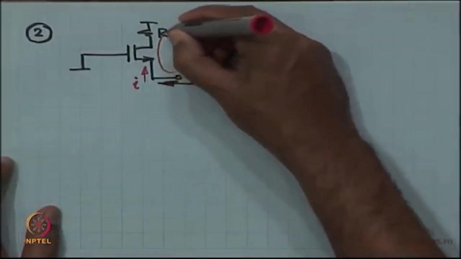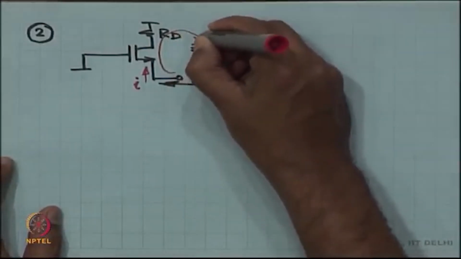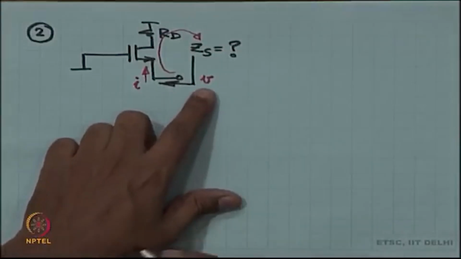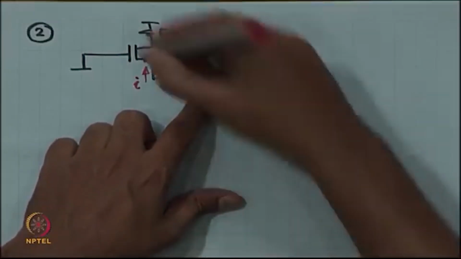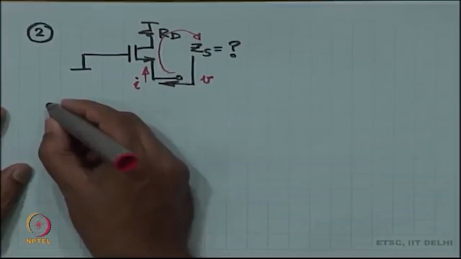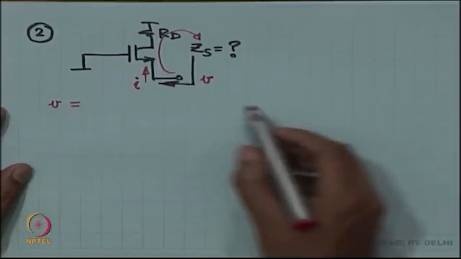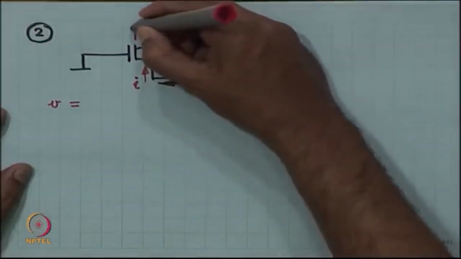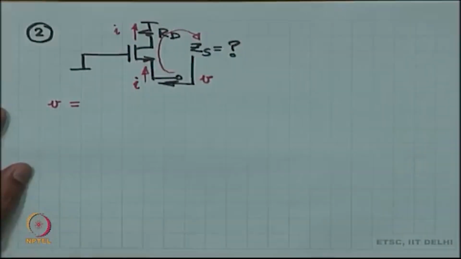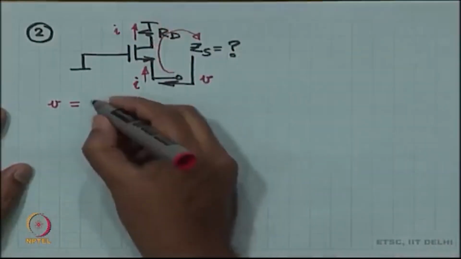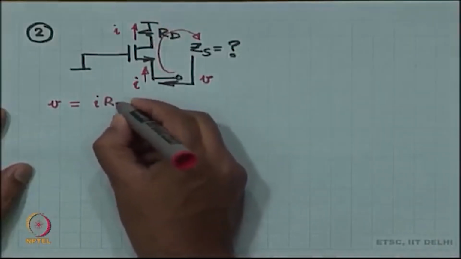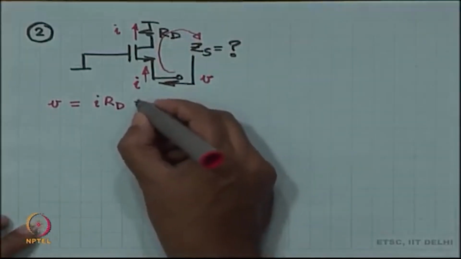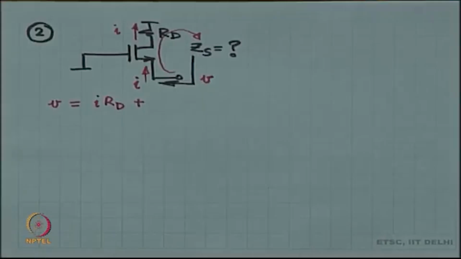like this. So, V is equal to, this current is also I, so the drop across the resistor is I times RD, and then there is the drop across the source drain of the MOSFET.